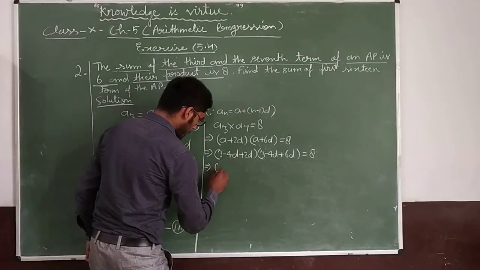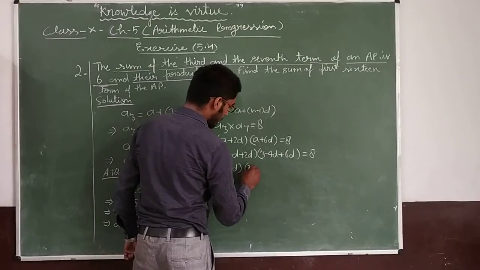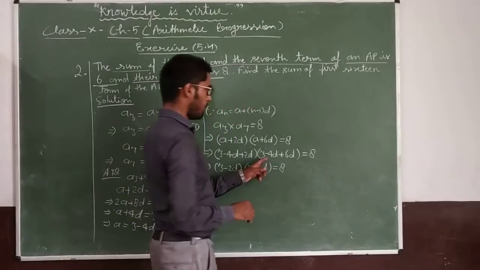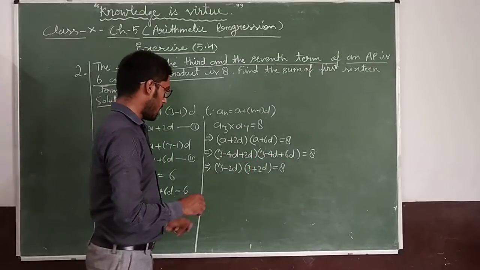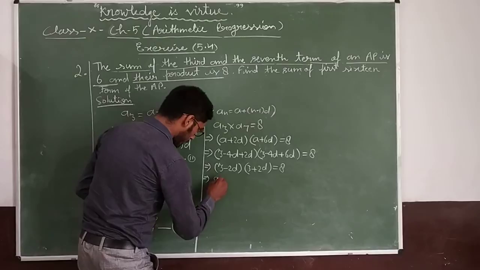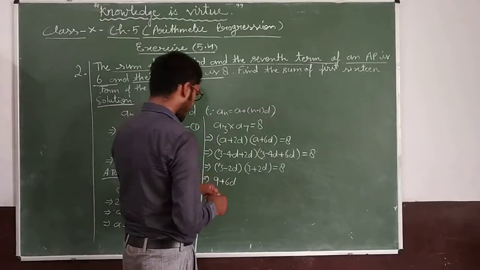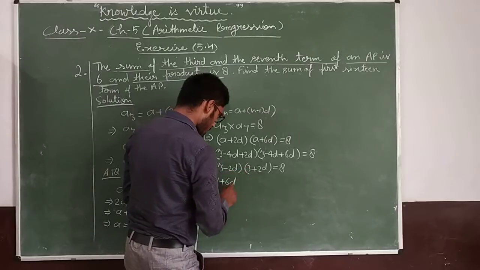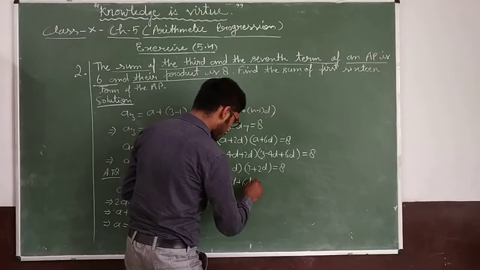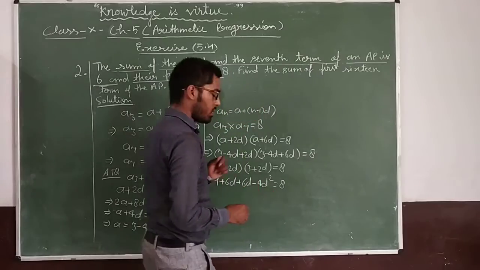3 minus 4D plus 2D, close the bracket, and now open these brackets. 3 3s are 9, plus 3 2s are 6D, minus 2 2s are 4D into D square, equal to 8.